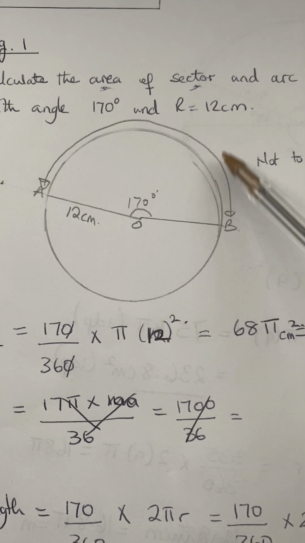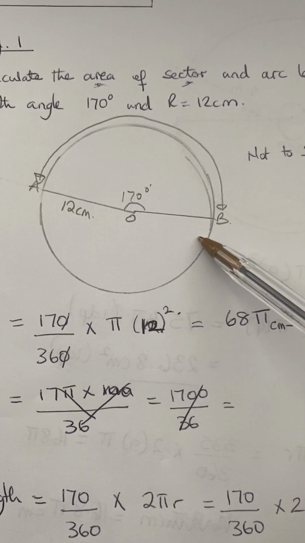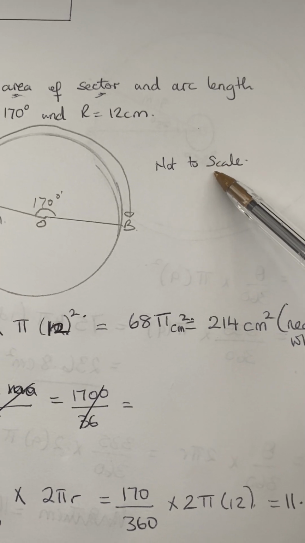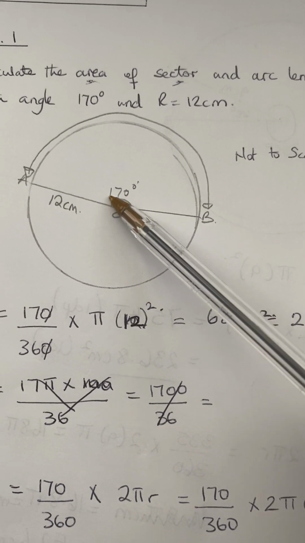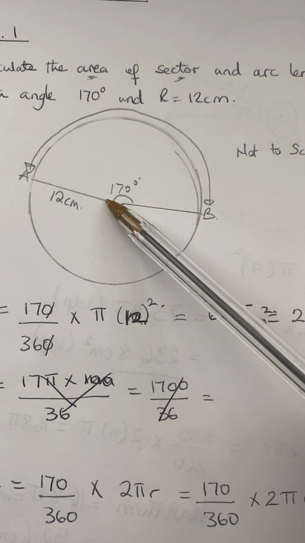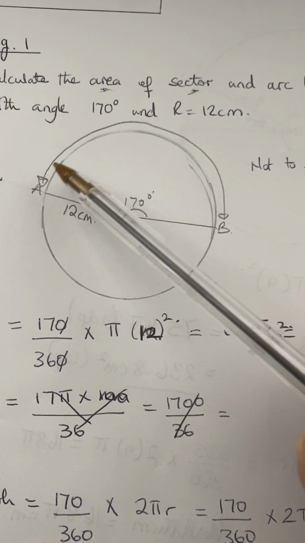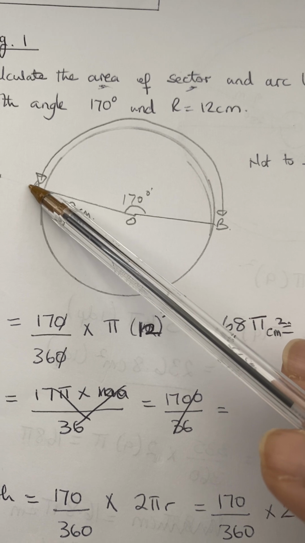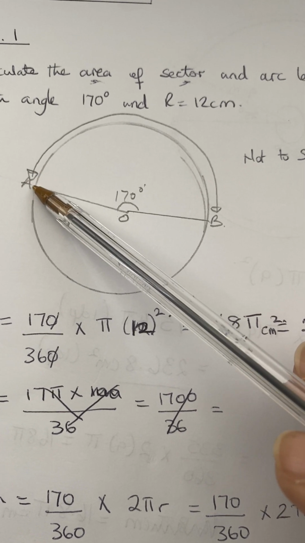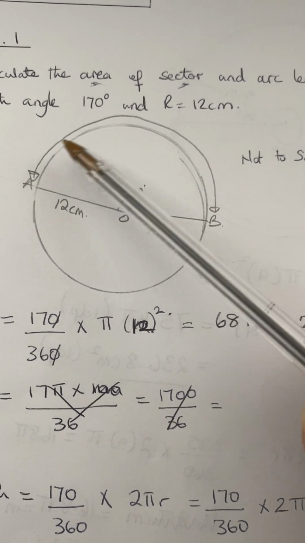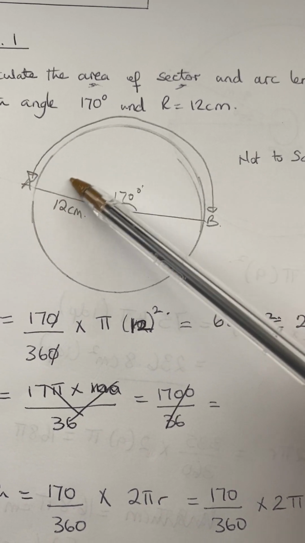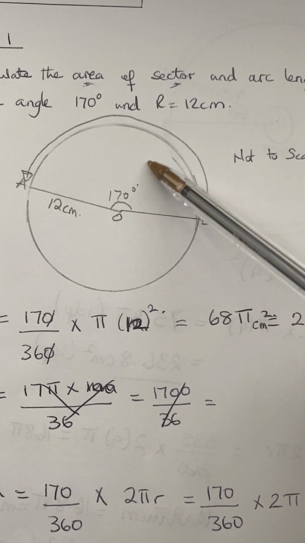So I've drawn a circle here, but it's not to scale. I've tried to measure 170. Okay, my arc length is the length if I travel from A to B. My area is all this portion here.